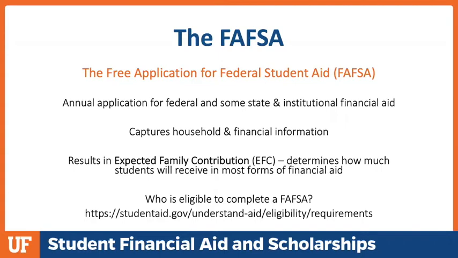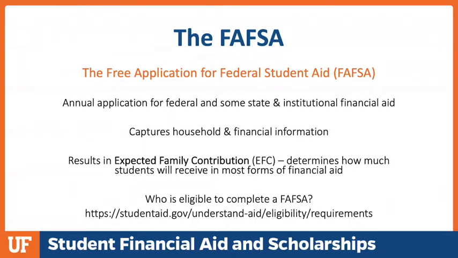So who is eligible to complete a FAFSA? Just some basic eligibility requirements include being a US citizen or an eligible non-citizen, having a valid Social Security number, with the exception of students who are from the Republic of the Marshall Islands, Federated States of Micronesia, or the Republic of Palau.